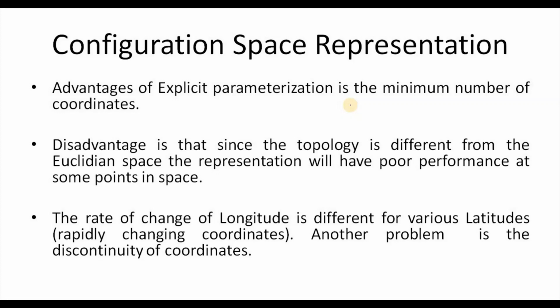Okay, so let's see some advantages and disadvantages of the explicit parameterization and implicit representation. The advantage of explicit parameterization is the minimum number of coordinates, since we are representing the location or position of a point on a sphere by just two angles, which are the latitude and longitude.